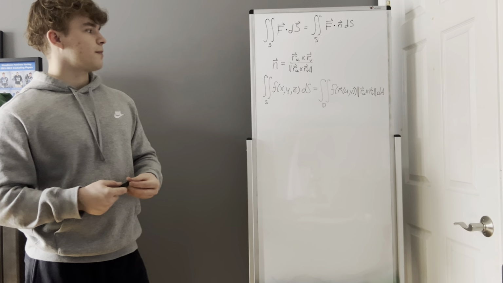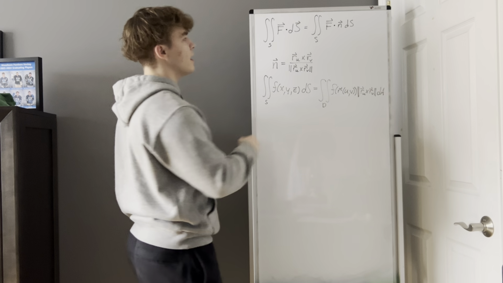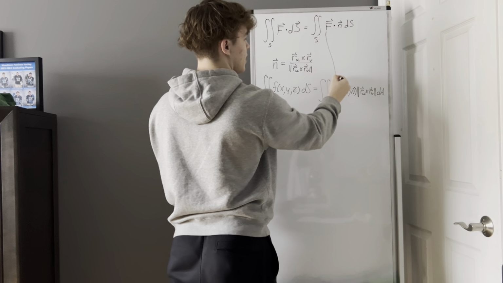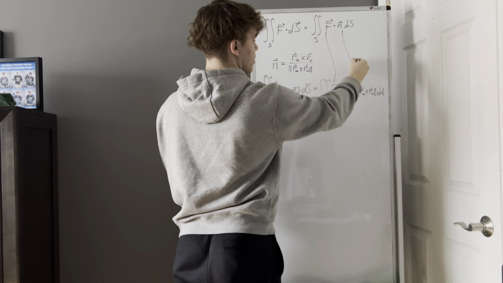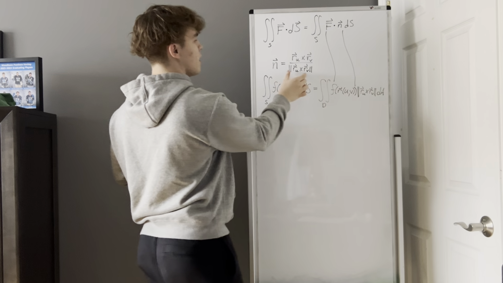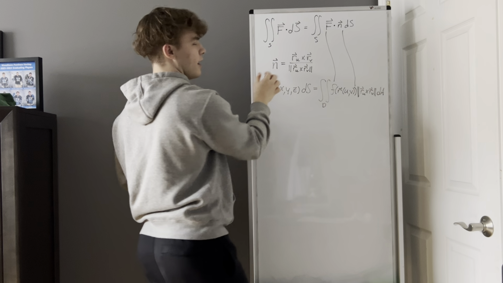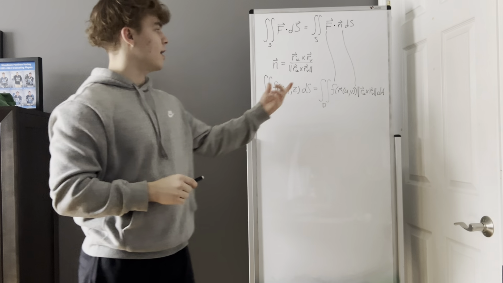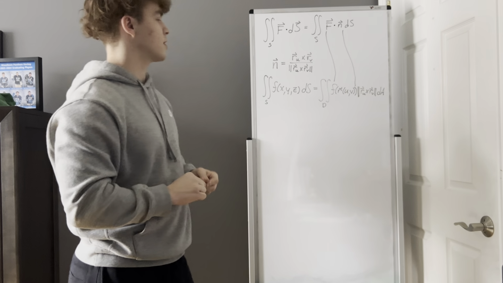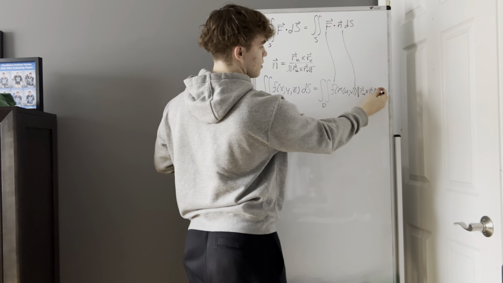So, what does this mean? Well, if we let this right here equal this right here, what we will notice is that if we bring our normal vector, and the equation for our normal vector, into where the normal vector belongs, these two will cancel.